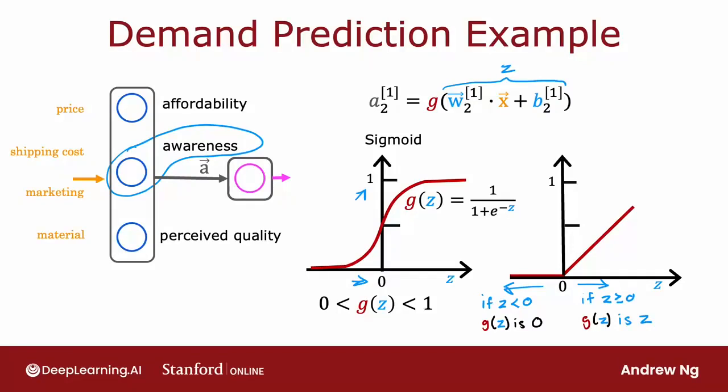The mathematical equation for this is g of z equals max of 0, z. Feel free to verify for yourself that max of 0, z results in this curve that I've drawn over here. And if a_2^[1] is g of z for this value of z, then the activation value can now take on 0 or any non-negative value.